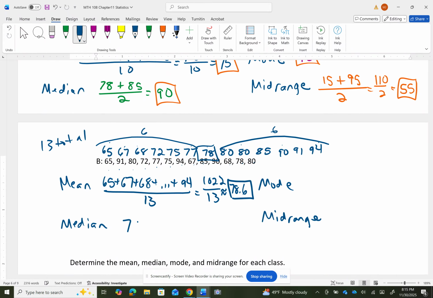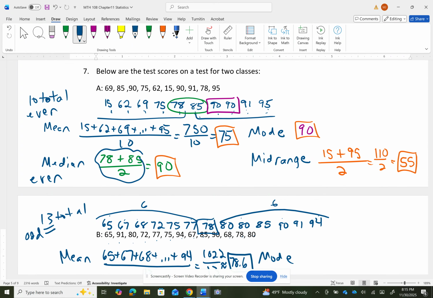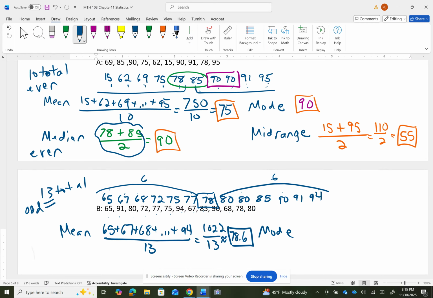The median would be that middle value, that 78. See how that was odd? So that's why that happened, where this was even here. So that's why I didn't have one middle value, since there were 10 total, and how that was even. That's why here I had to average to get my median.